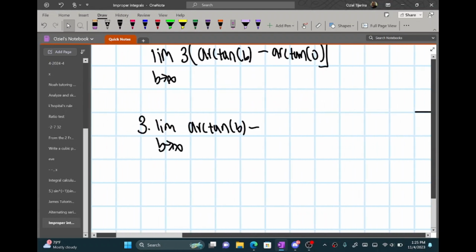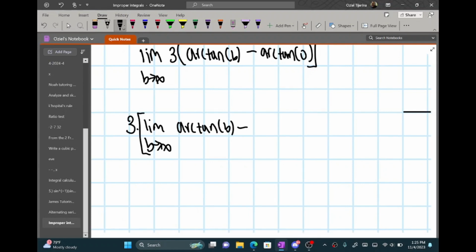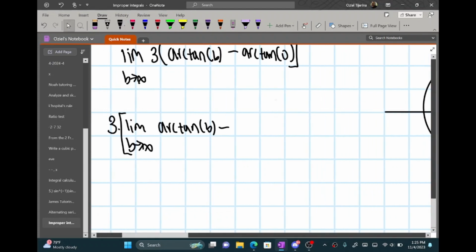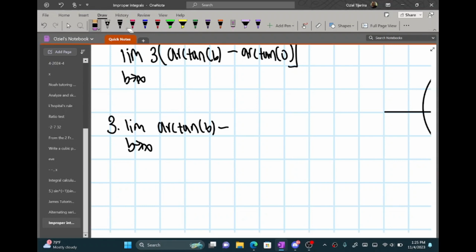And so we know that this is going to be 3 times the limit as b approaches infinity of arctangent of b minus the limit as b approaches infinity of arctangent of 0.